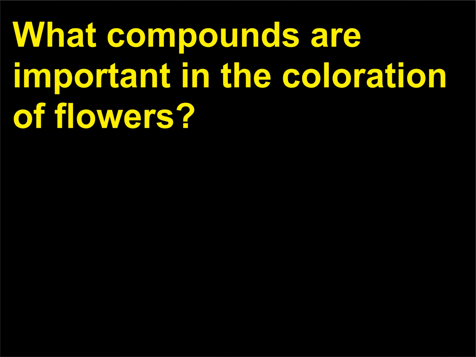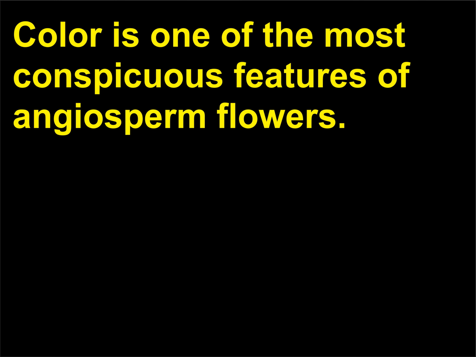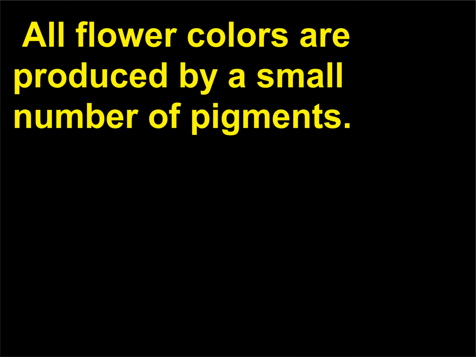What compounds are important in the coloration of flowers? Color is one of the most conspicuous features of angiosperm flowers. All flower colors are produced by a small number of pigments.